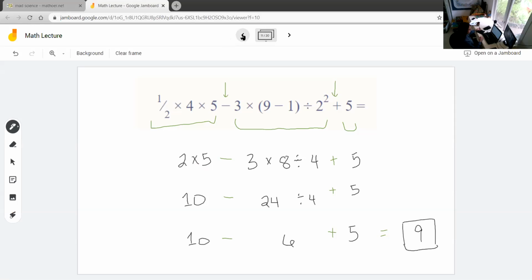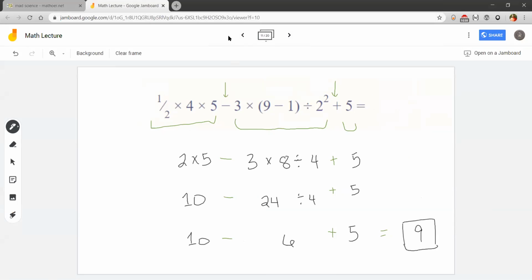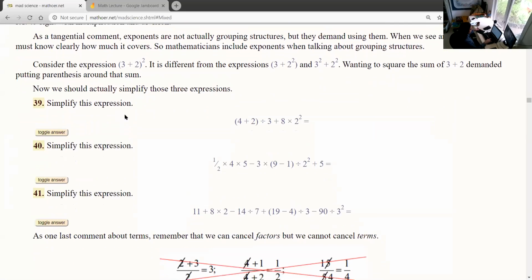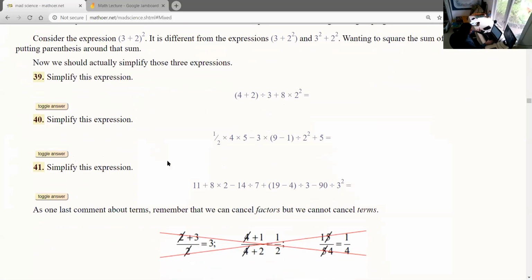So questions about this one or that one before we move on? No, it makes sense to me. Okay, I can't quite tell who's writing and who's not on Zoom. I think we're ready to move on. Holler if I'm moving too fast.